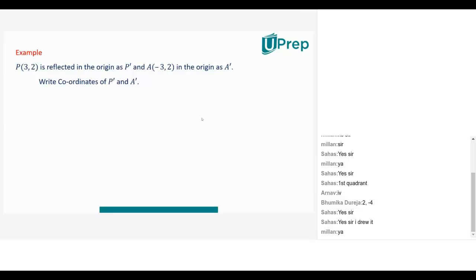So the point P dash will be -3, -2, and point A dash will be +3, -2. Rethink about A dash once again.